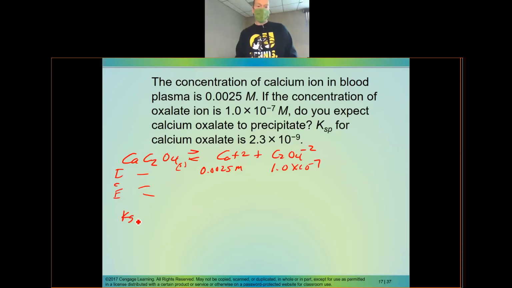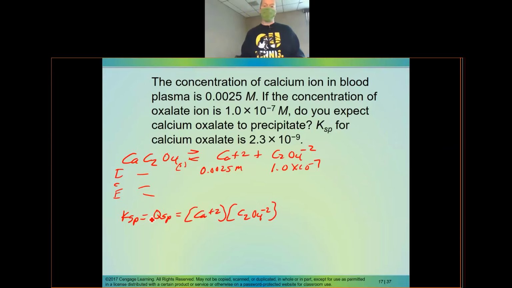And so your KSP, which is the exact same setup as your QSP, here's your expression: it is the calcium plus 2 times the C2O4 minus 2. When you are putting in initial concentrations, then you are solving for the QSP.